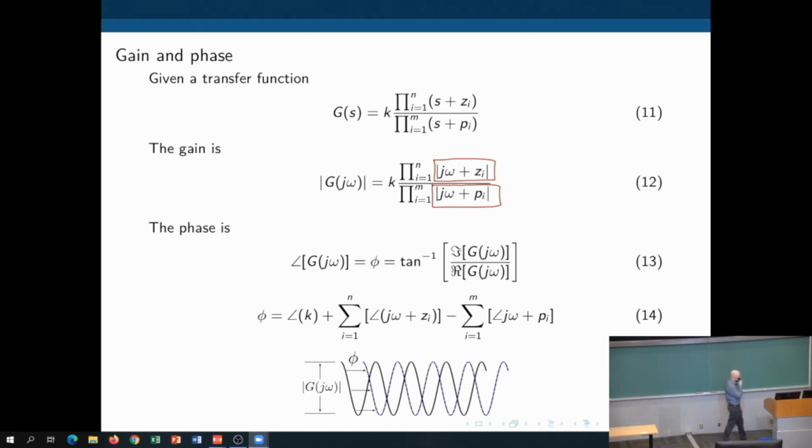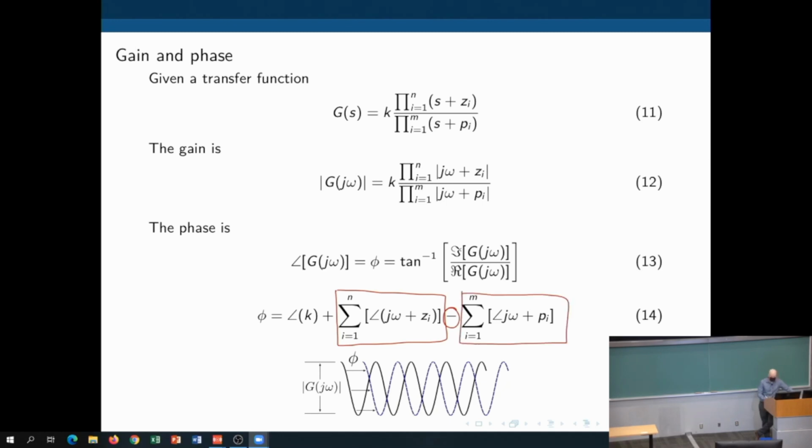And the same goes for the phase. If you have multiple poles and zeros, we can simply add the phases of all poles and zeros: the phase of all zeros added together minus the phase of all poles added together.